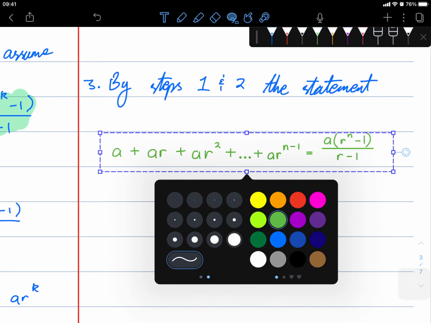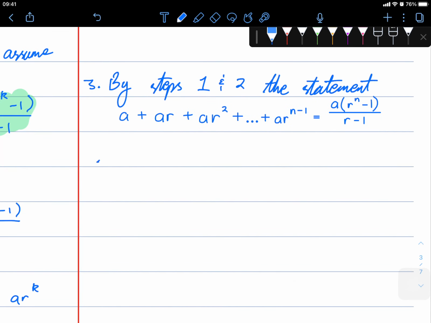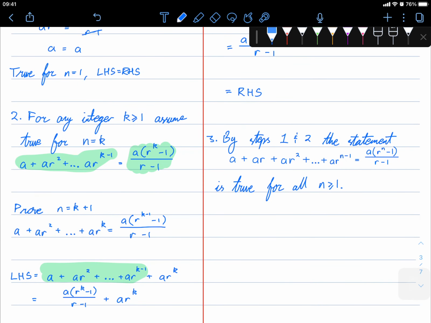Thankfully, I've got an iPad. And that is the end of the proof by induction.